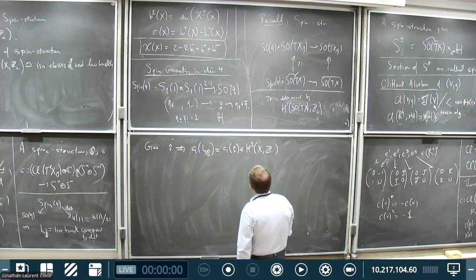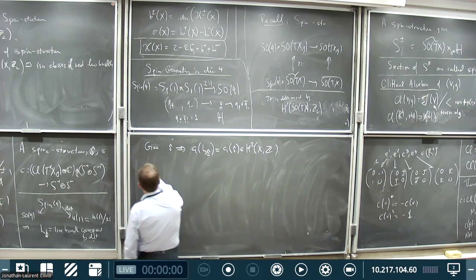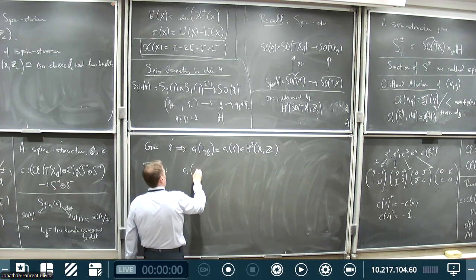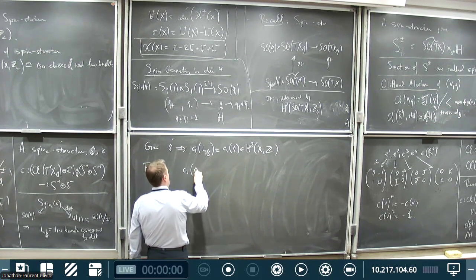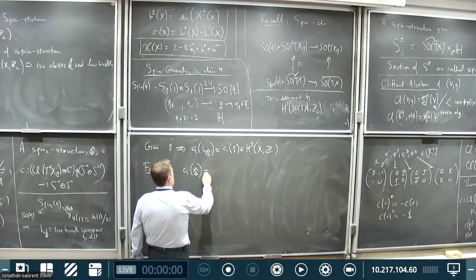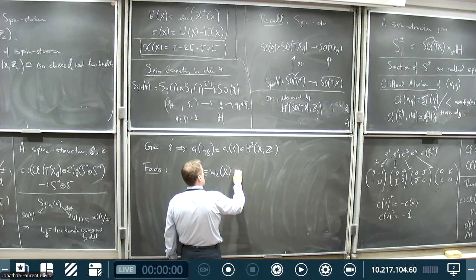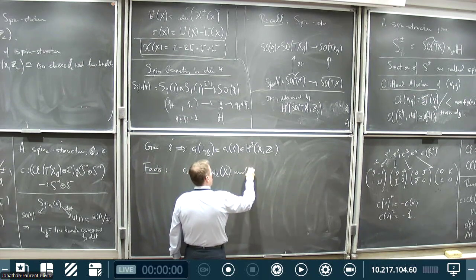It's in integer cohomology, and some facts about this is that C1 of S, if I reduce it mod 2, is the second Stiefel-Whitney class of the tangent bundle.